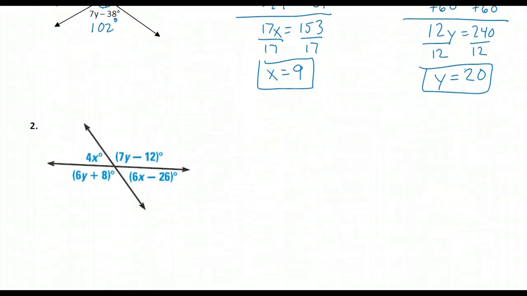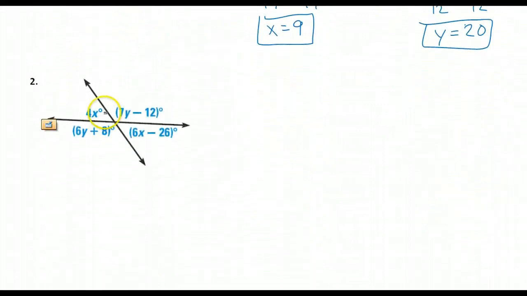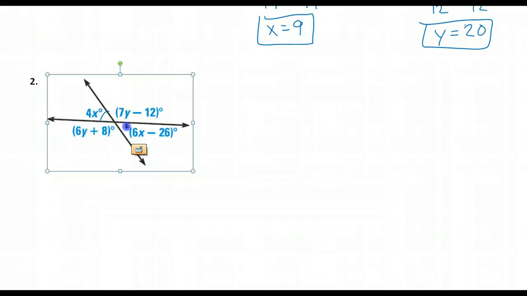Let's look at problem number 2. Again, I have vertical angles, and I have linear pairs. My adjacent angles in this diagram form linear pairs, and my opposite angles are vertical. So if I look at the angles that involve x, those two angles are vertical of each other. So I don't want to add them together and set them equal to 180. These two angles are going to be congruent.